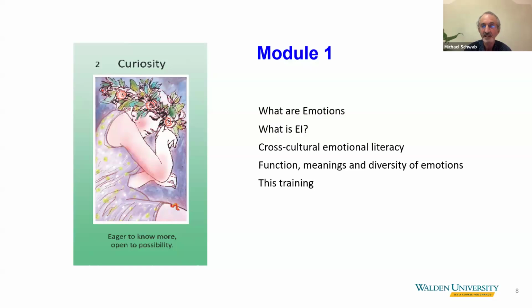Our exercises deal quite a bit with diversity. And we'll say a little bit about this training, which, as you will know if you watched the video, is a pilot project. And we want to learn from you along the way. So there's an evaluation, and please do give us feedback, what you like, what you don't like, and how we could do it better. Next slide, please, Lida.